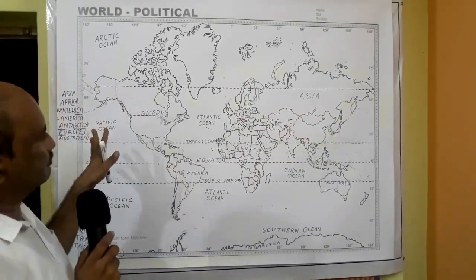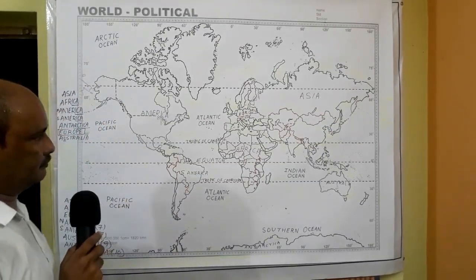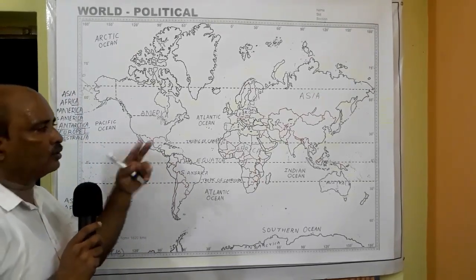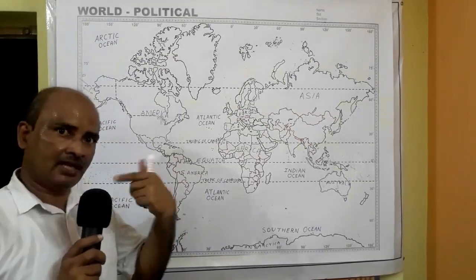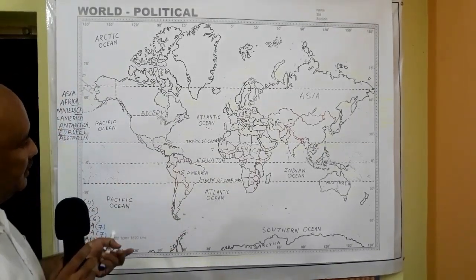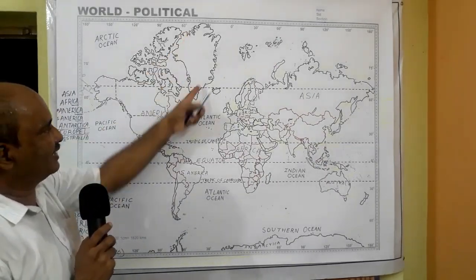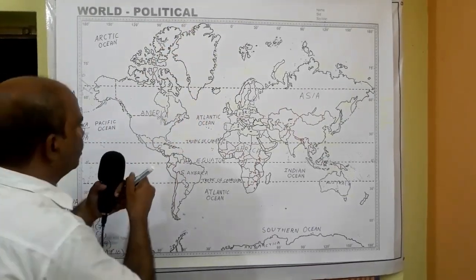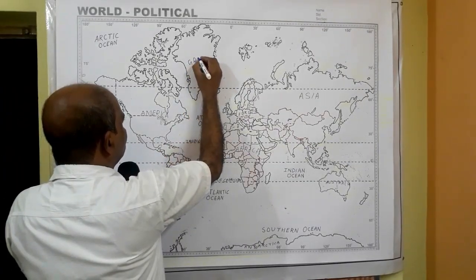There are some countries which are purely in one continent. There are also some countries which are located in more than one continent. That point also we will discuss in the coming classes. But now the point is, even in civil services they asked one question like Greenland. This big piece of island which you see is Greenland, and the question was, one is politically, another is geographically.